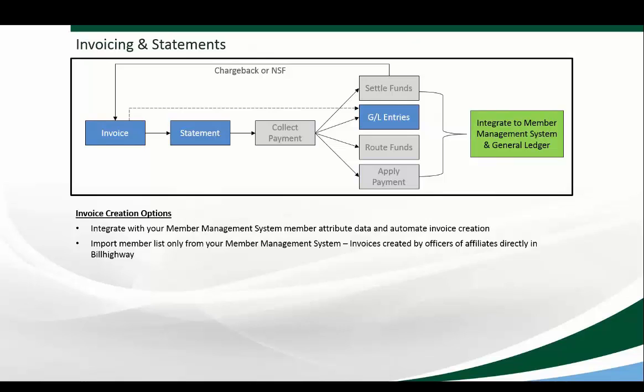So there's a large variety of different levels of control and automation that's available within the platform. Ultimately, all of this information is getting integrated back into your member management system and your general ledger so that you have all of that information back into the systems that you're used to using on a daily basis.